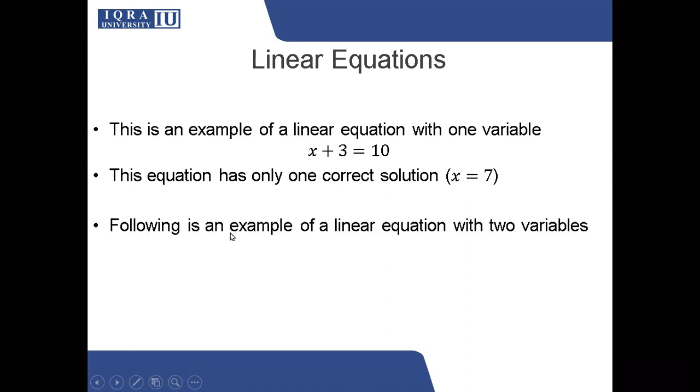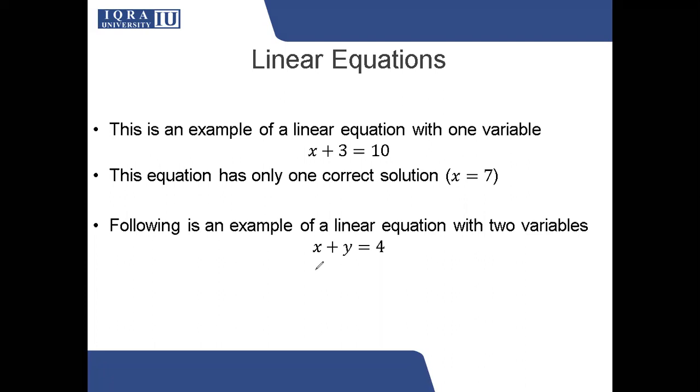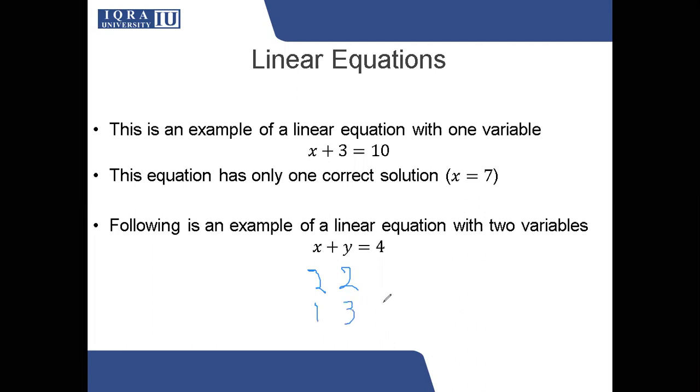And now this is an example of a linear equation with two variables, x plus y equals 4. A linear equation with two variables has solution sets, and these solution sets are infinite in number. For example, you can say that x is 2 and y is 2 as well. 2 plus 2 is 4. That makes sense. At the same time, I can also say that x can take the value 1 and y can take the value 3.